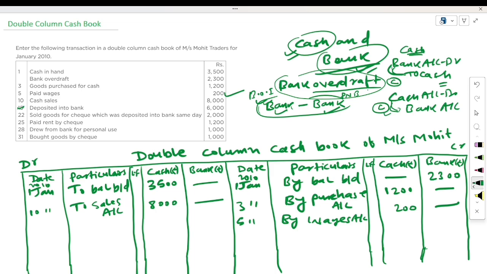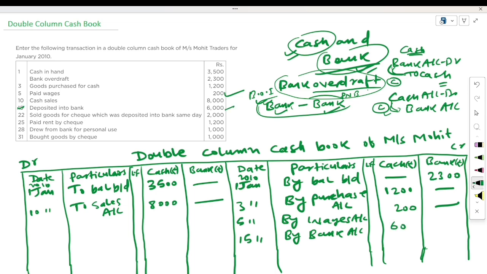See here how we will show under the double column cash book. First of all, we will show from the payment side by bank account. What is the date? 15th January. How much cash you are depositing? You are depositing the cash balance of 6,000.